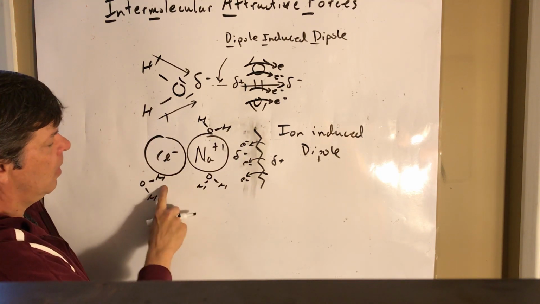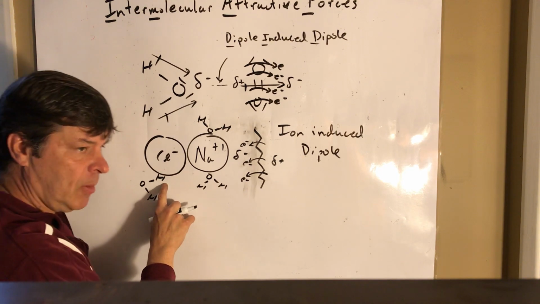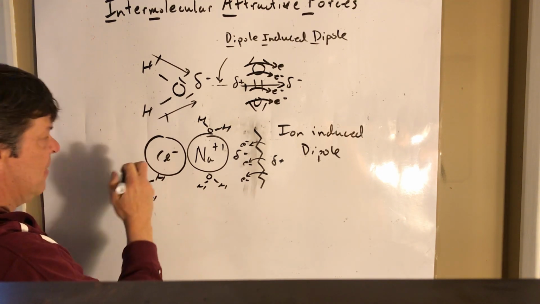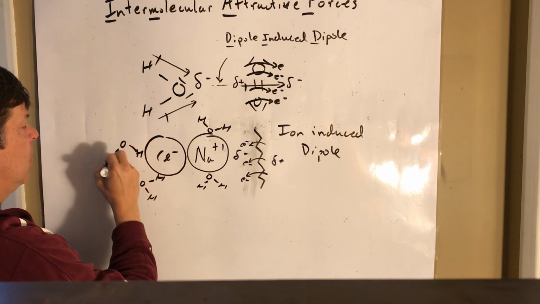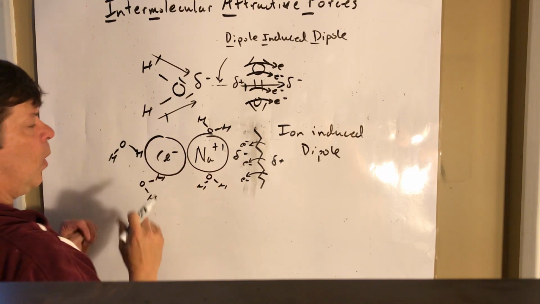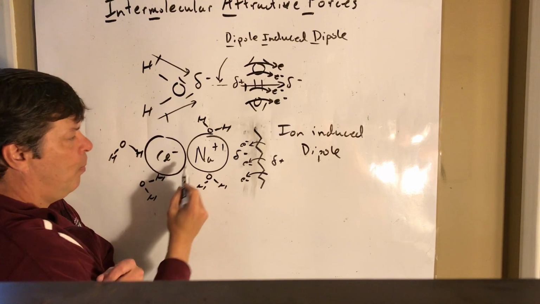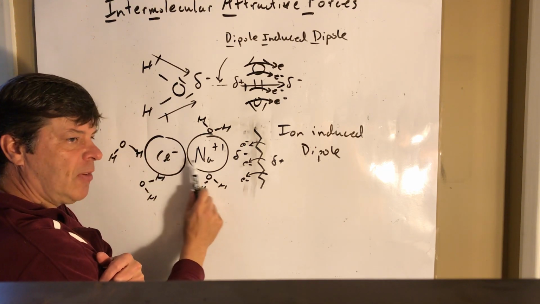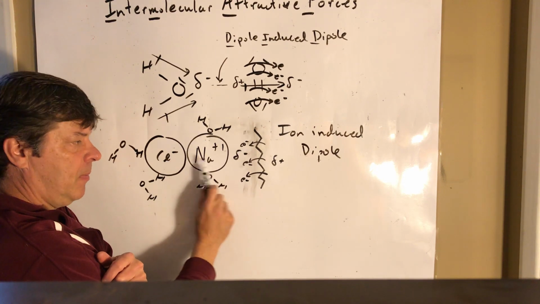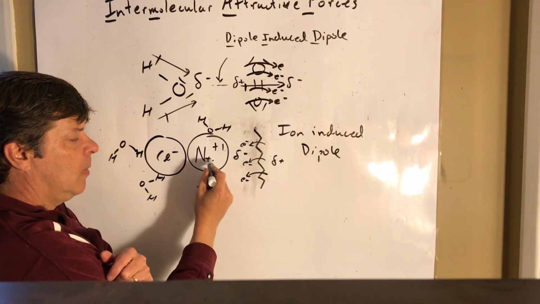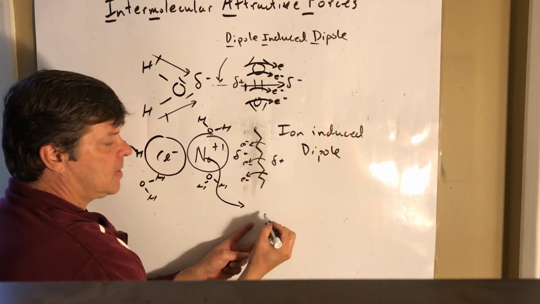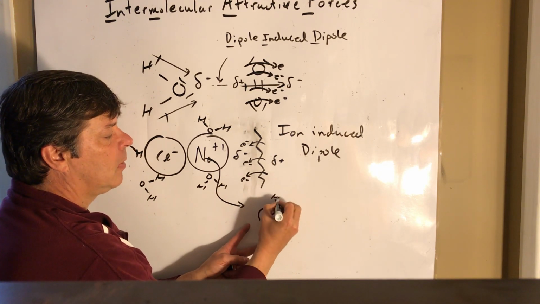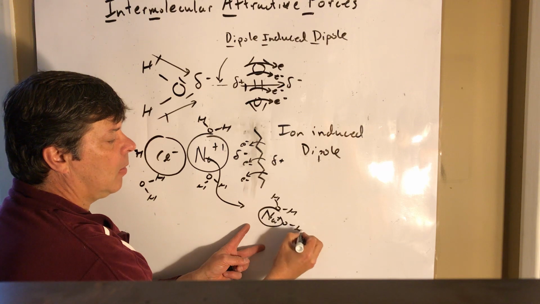And notice I'm placing the hydrogen portion of the water molecule next to the chloride because hydrogen is partially positive. The water will be able to break this electrostatic attraction that these ions have. And we would then have a sodium ion that's engulfed in water molecules.